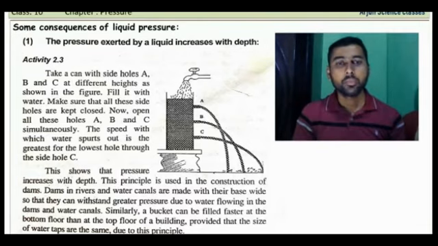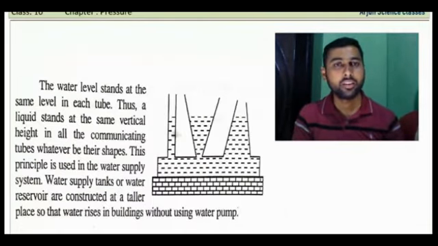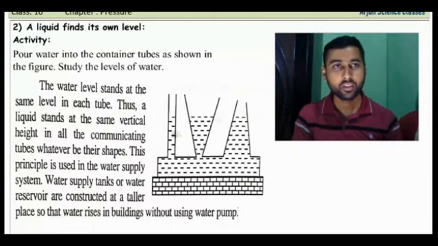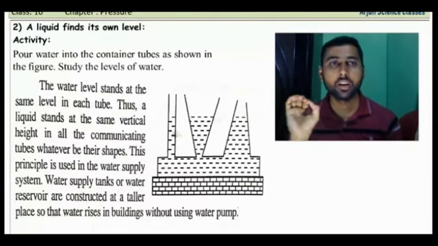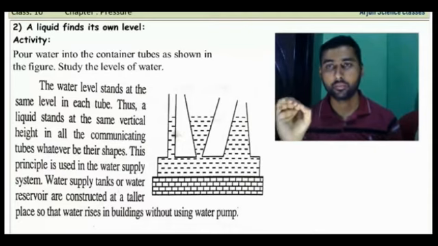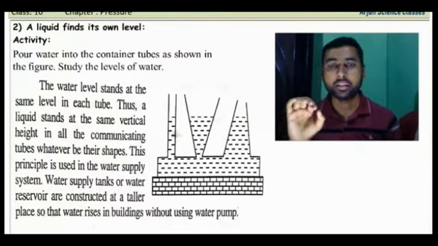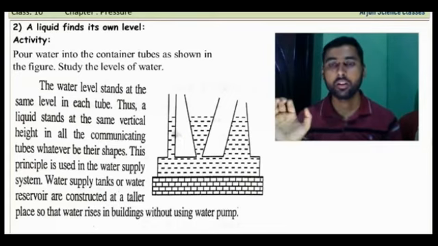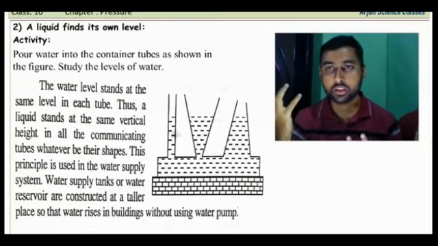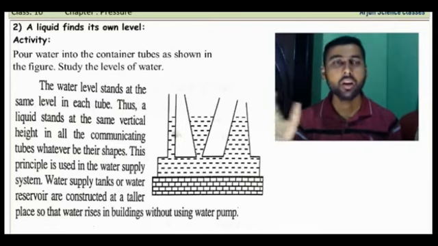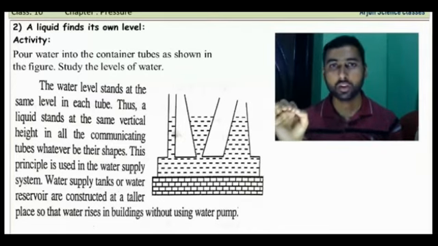Now another activity. Here you can see a liquid finds its own level, and it does not depend on the shape of the container. Pour water into the container tubes as shown in the figure and study the level of the water.